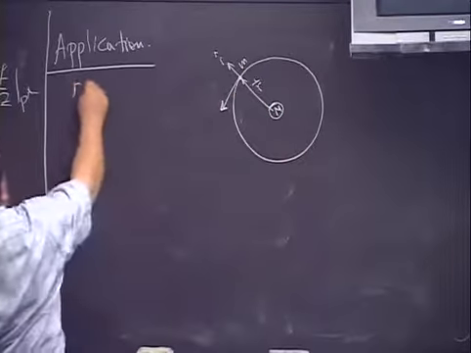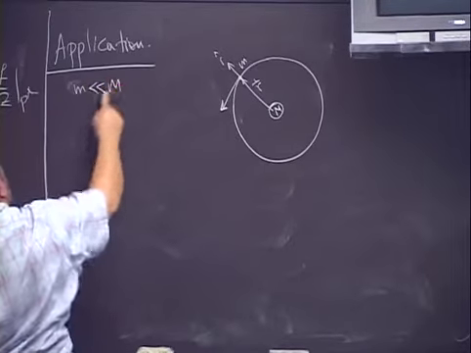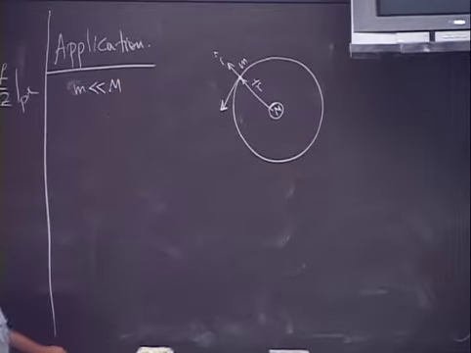So if the small mass m is very much smaller than the capital mass M, like in a gravitational field, for example, let's assume that this is the Earth and the Moon, and you can neglect the mass of the Moon with respect to the Earth. Or there is another planet in the solar system, for example, and I assume that there is a very small moon that rotates around this planet, that you can neglect m.